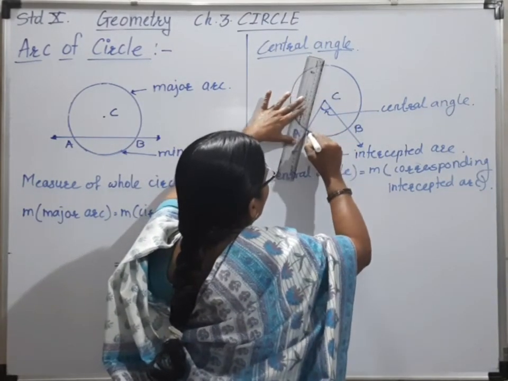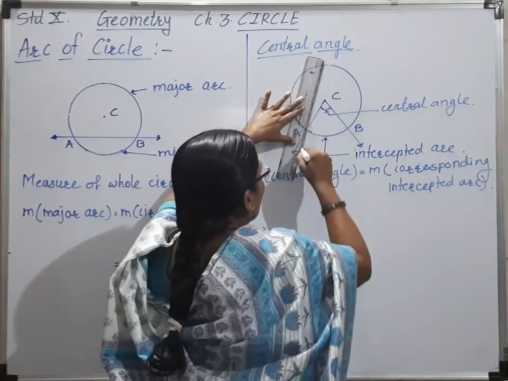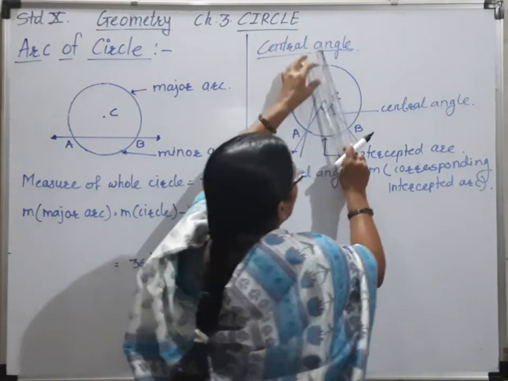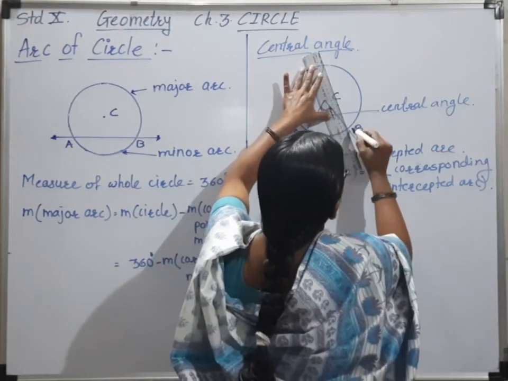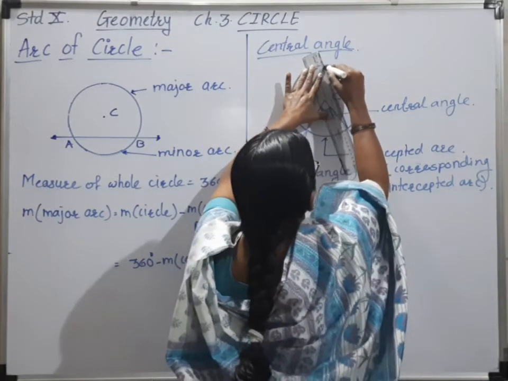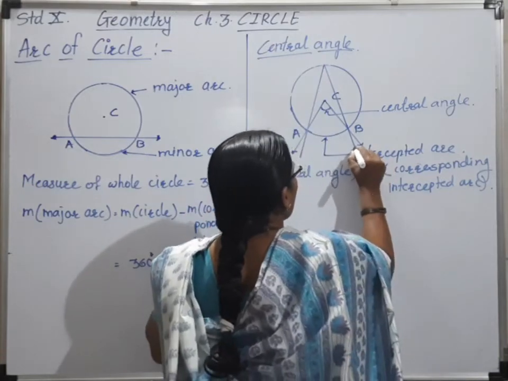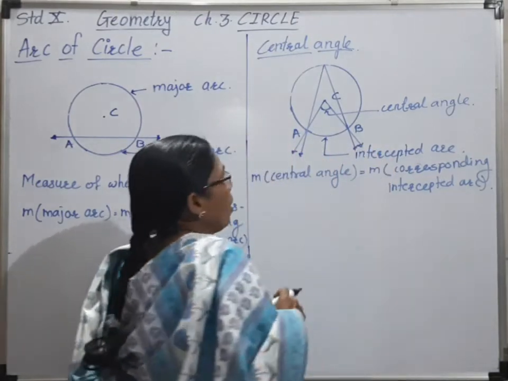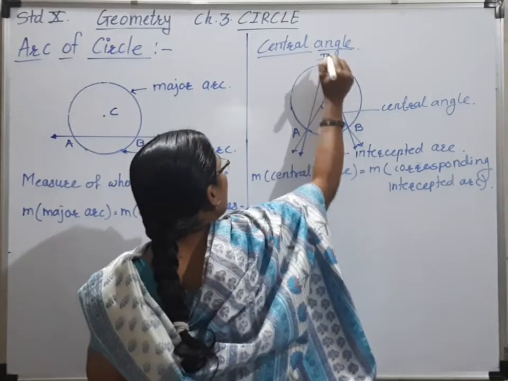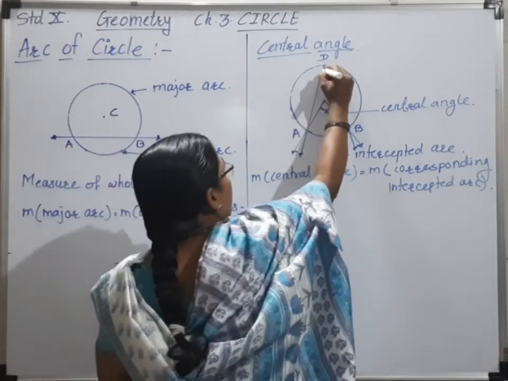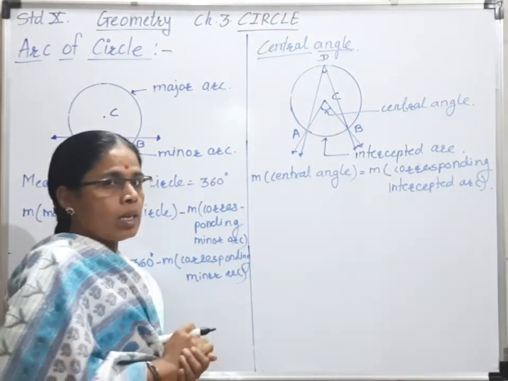Now here, if this angle is DAB, here also an angle is formed, but the vertex of that angle is on the circumference of the circle.